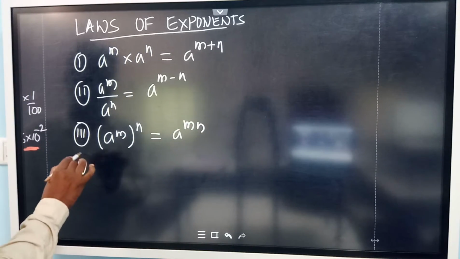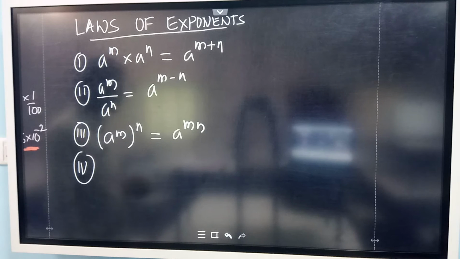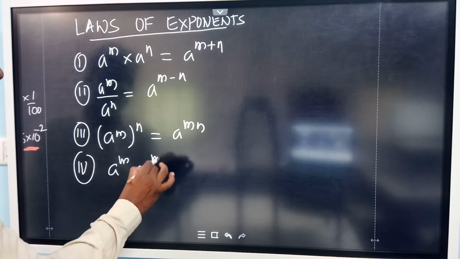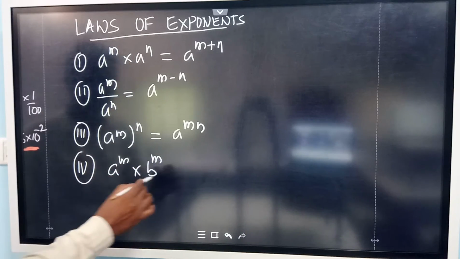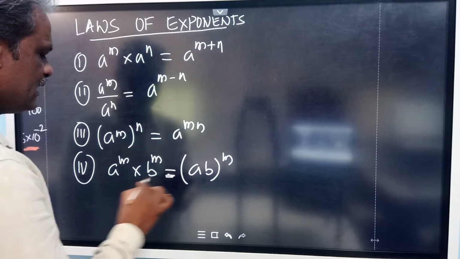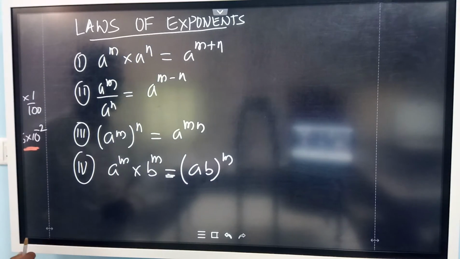Multiply this one. A to the power m whole to the power n is equal to a to the power mn. Then a to the power m into b to the power m. Exponents are same, bases are different, so you can write ab whole raised to the power m.